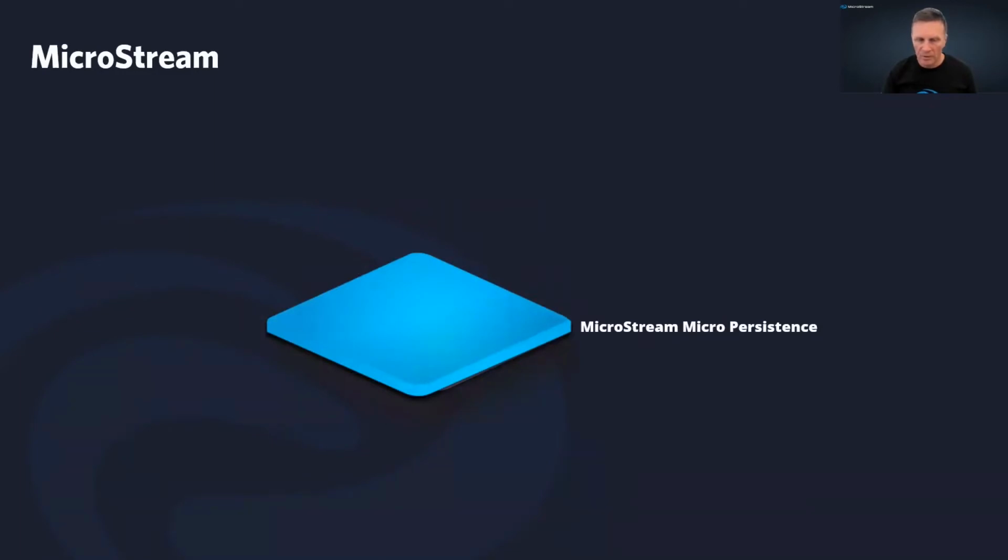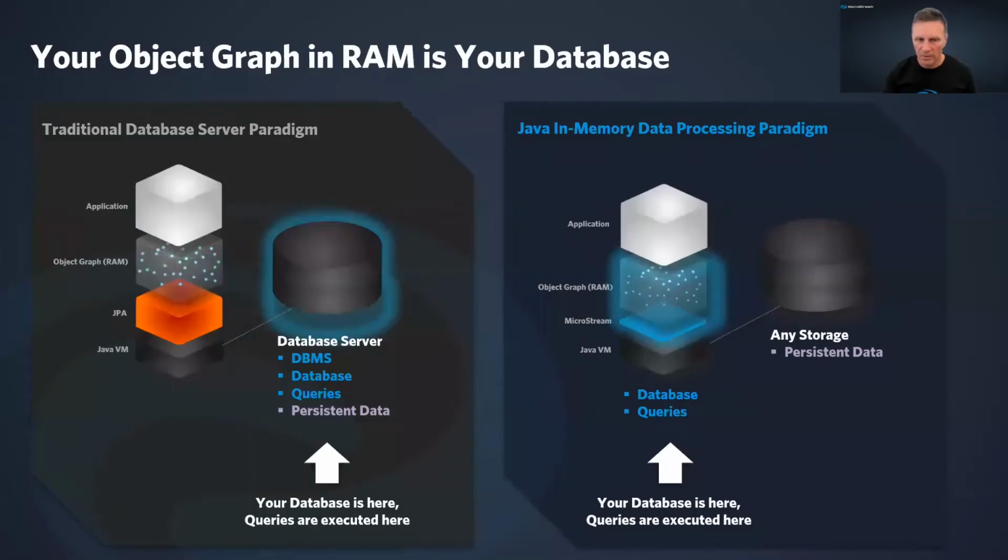There are some rules with MicroStream. This is very important. Because we talk about in-memory computing, in-memory data processing, the question is, how much memory do I need for MicroStream?